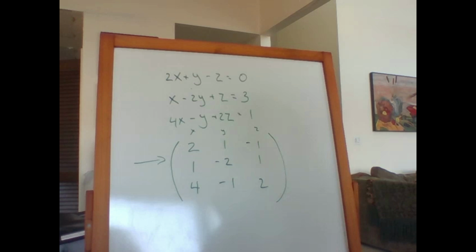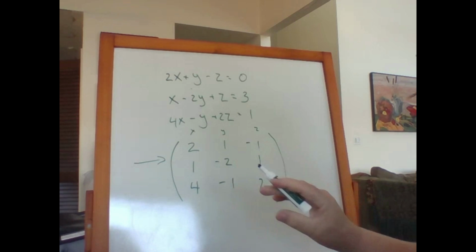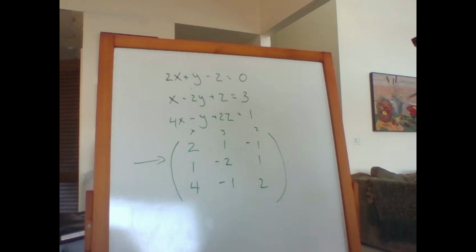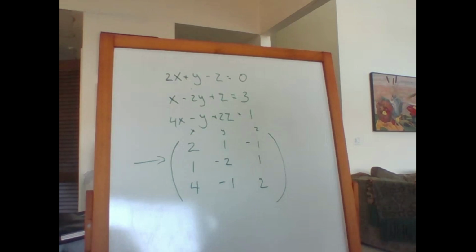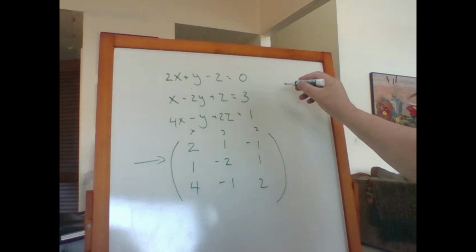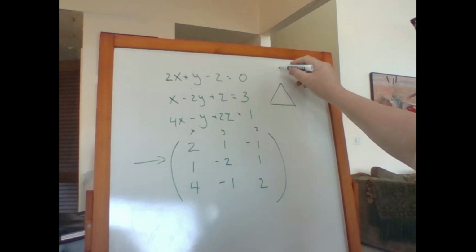And what you would do now is perform a number of operations in order to find the solution to these equations. The first thing you find is something they call the determinant, and it's represented by this delta.